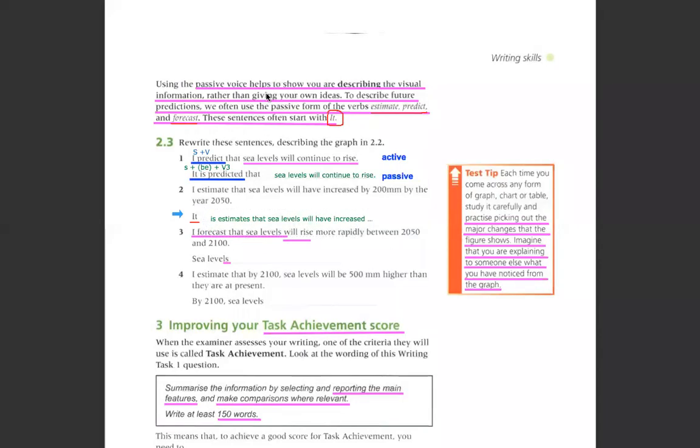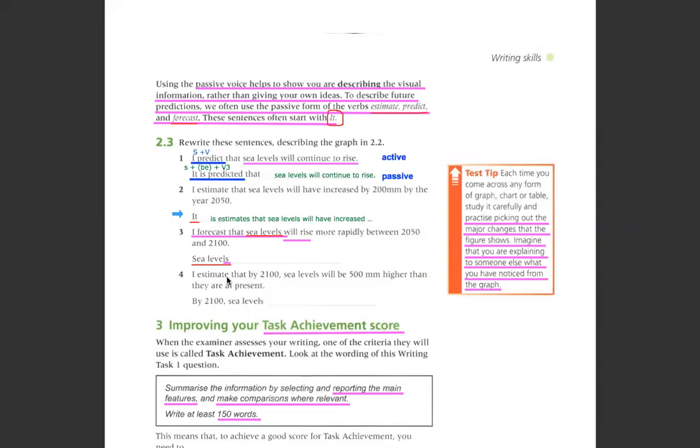Right, so sometimes we start with it, but we can also start with the subject, in this case, the sea levels. So now it changes a little bit. So what do you think comes after the word sea levels? So we still want to use the verb to be plus the verb 3.